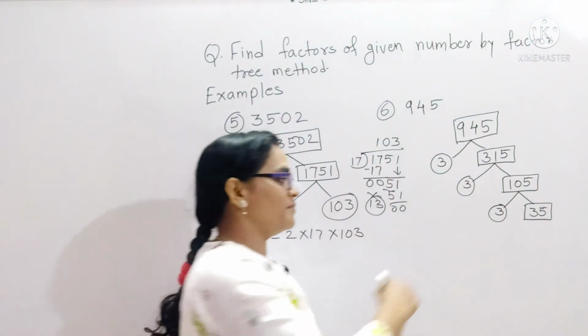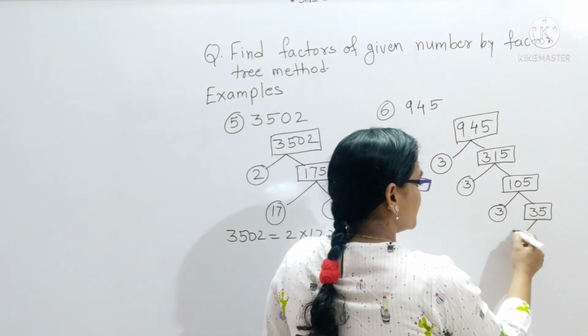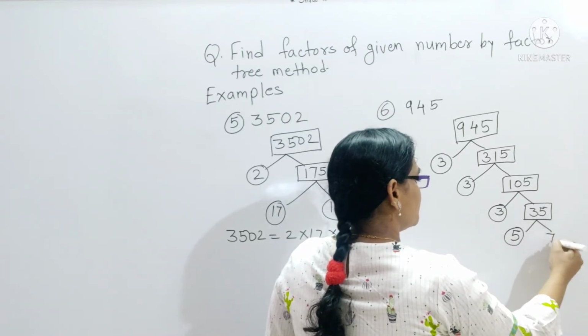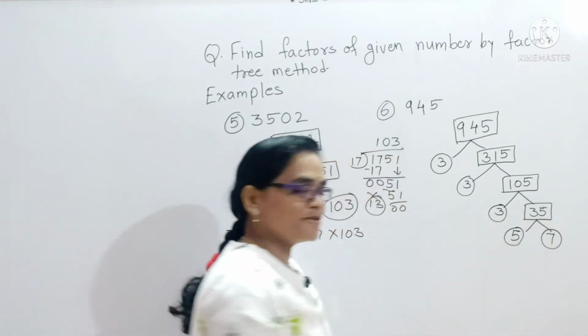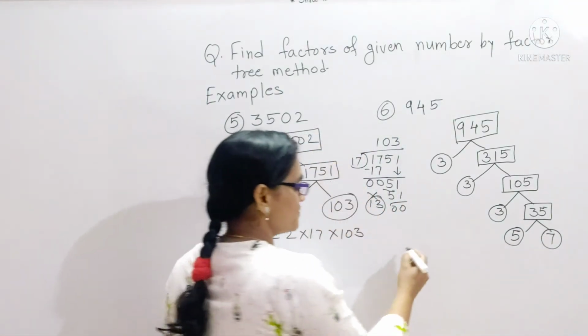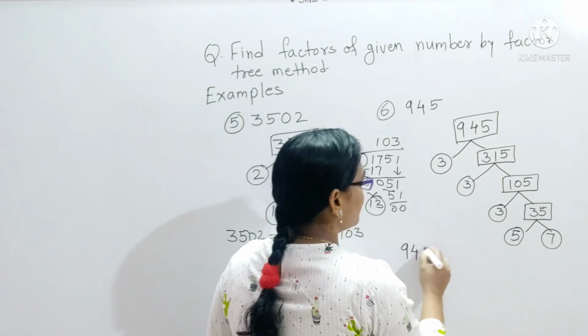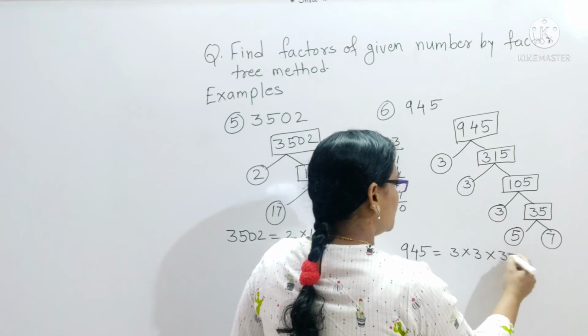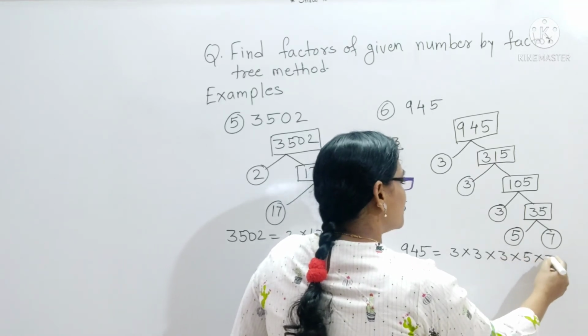So it is divisible by 5. Ones place 5, then 5 7s are 35, and 7 are also prime numbers. So we have to stop there. Then see which factors we got for 945. 3 into 3 into 3 into 5 into 7.